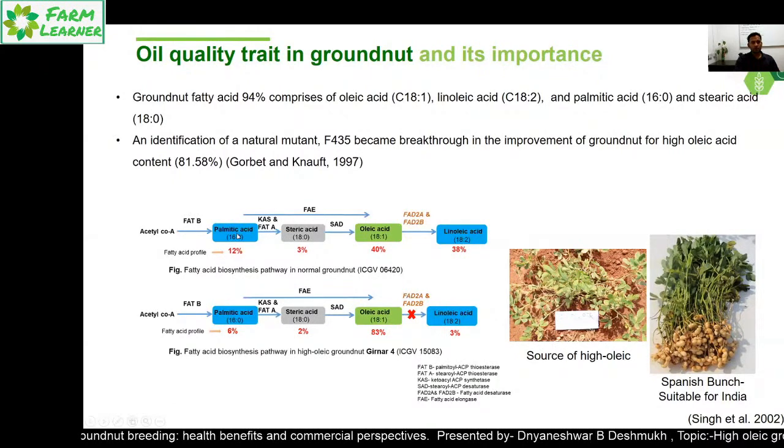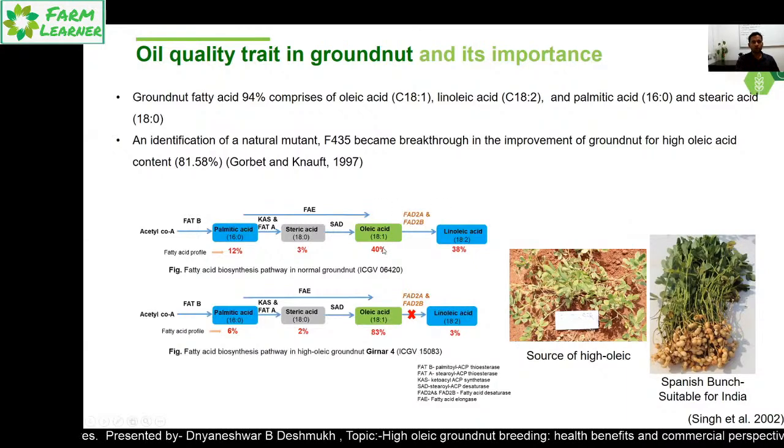Here, if you look at the genetics of the high oleic groundnut, acetyl-CoA is the first stable product of photosynthesis. Acetyl-CoA gives palmitic acid, and palmitic acid gives stearic acid. Stearic acid is converted into oleic acid by a series of enzymes. Here is the key enzyme which is important for the conversion of oleic into linoleic acid.